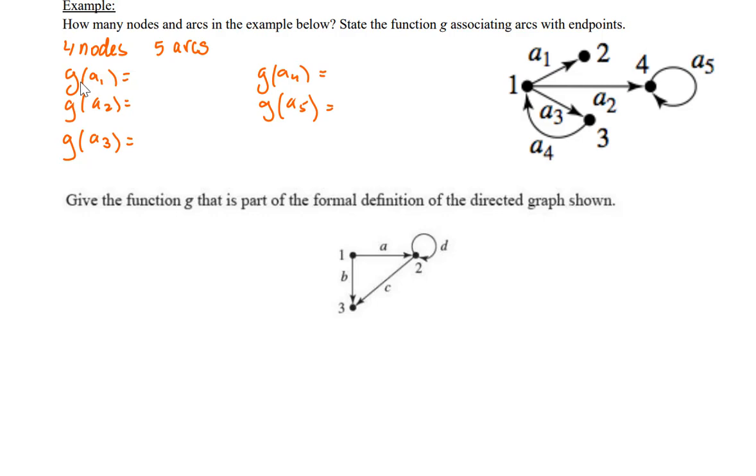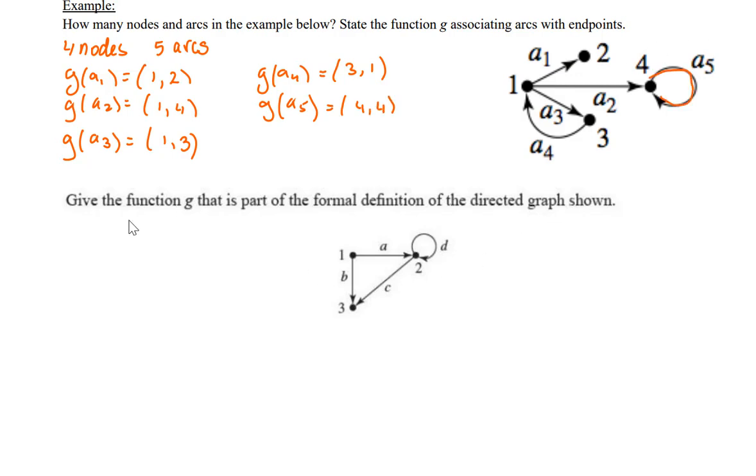For G of A1, we start at 1 and end at 2. Therefore we have the ordered pair 1, 2. The same way for A2, we start at 1 and end at 4. For A3, we start at 1 and end at 3. For A4, we start at 3 and end at 1. And for A5, we start at 4 and end at 4, because it's a loop.